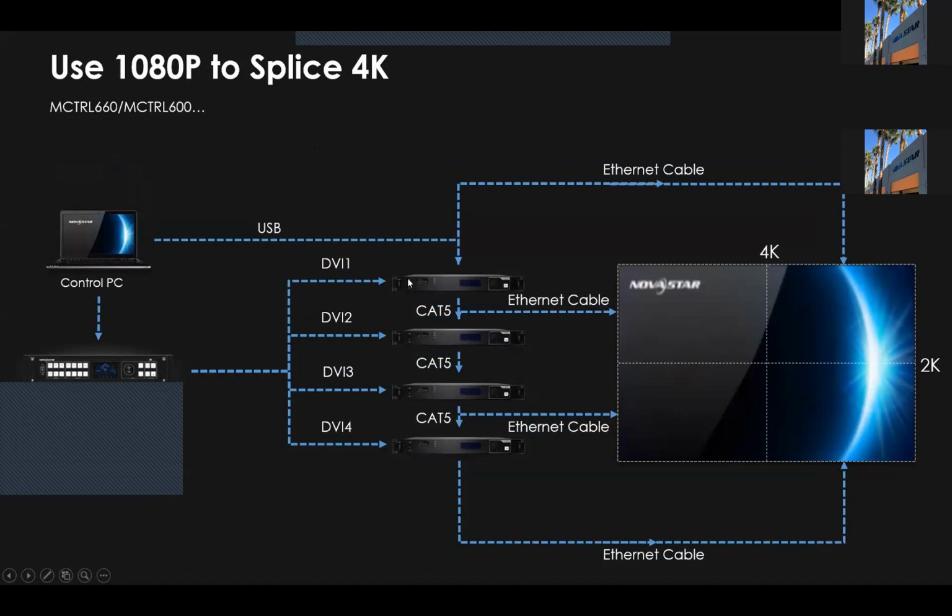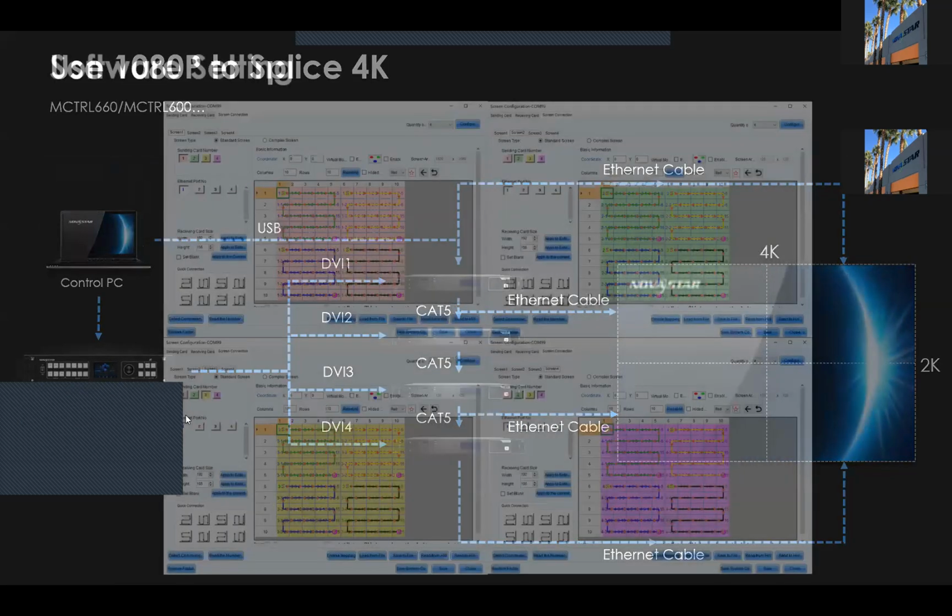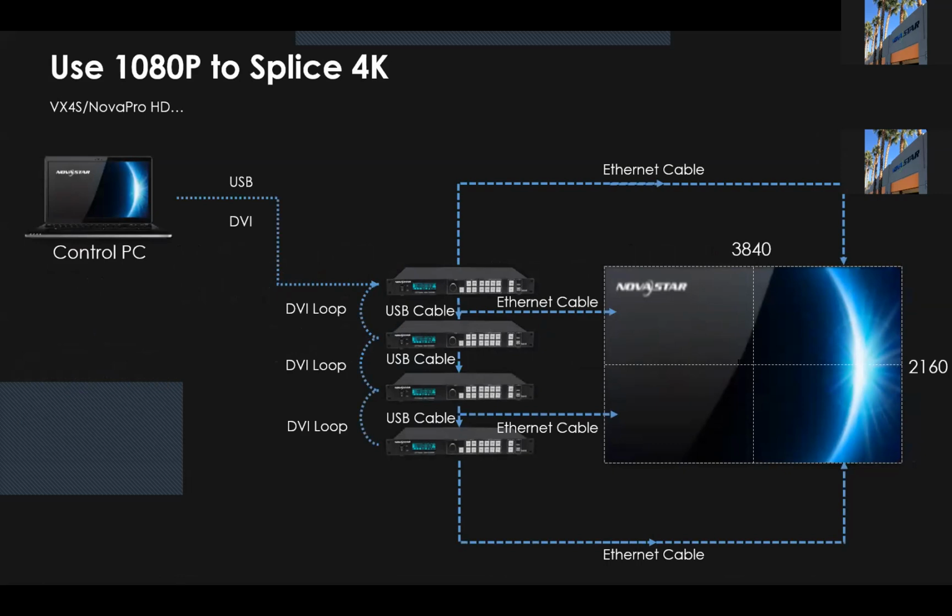With the sending card only, we have to use one more 4K video splicer. But for the all-in-one controller here, we don't need it. We just need the control PC and give the video source directly to the VX4S, and by using the DVI loop to the next device, right?